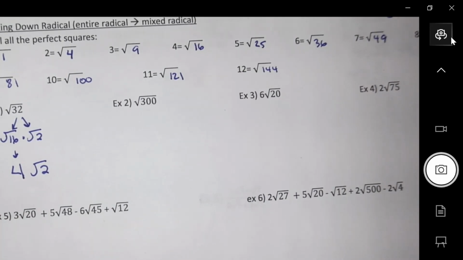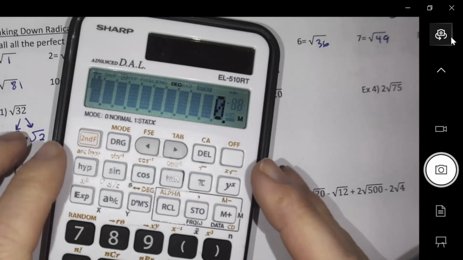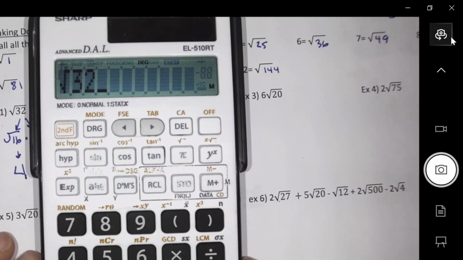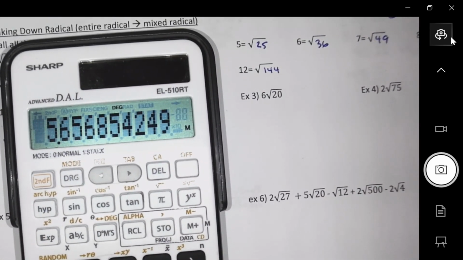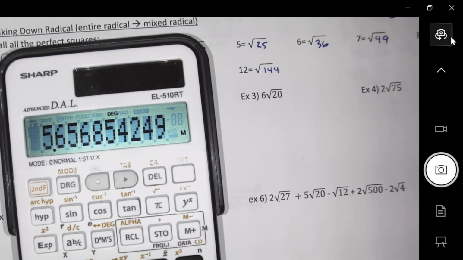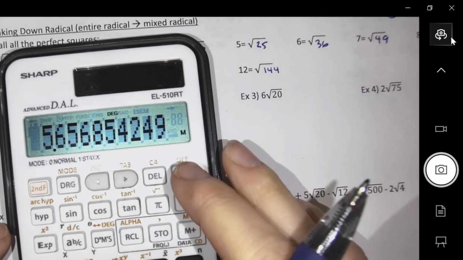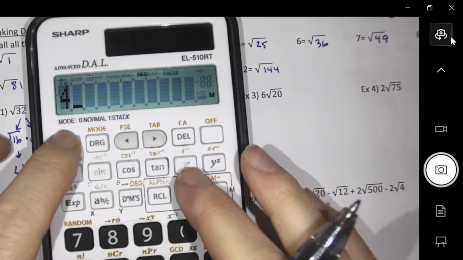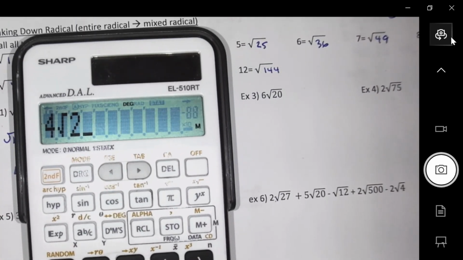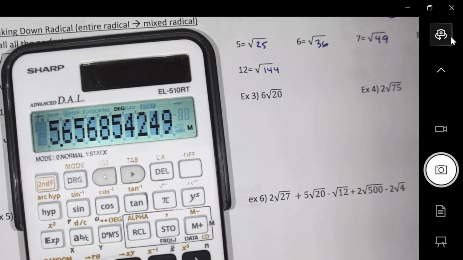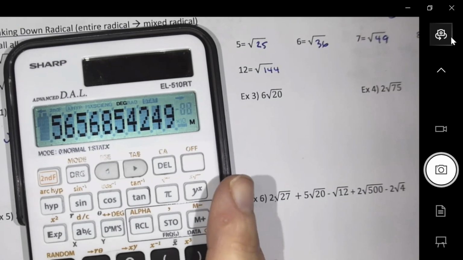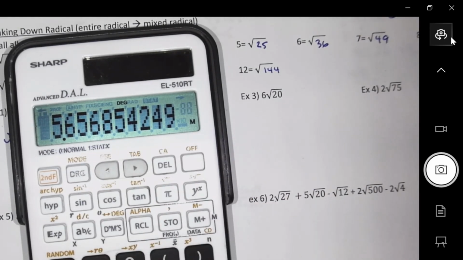Okay, I will show you that we're right. The square root of 32 is 5.656 and so on. 4 root 2 is 5.66 or 5.65 and so on. Okay?